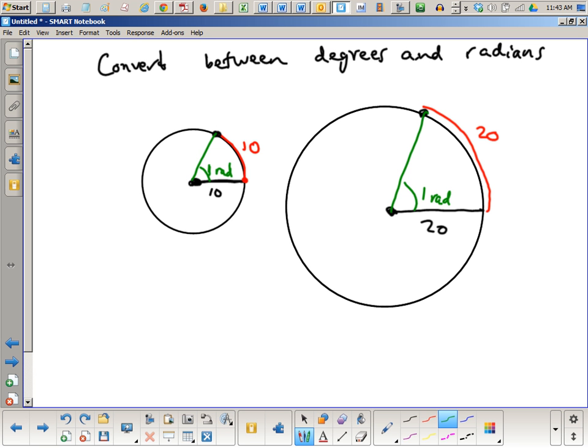Okay, so it turns out we can figure out exactly how many radians there are in a circle by using a direct proportion. If traveling a distance of 10 along the edge of the circle produces 1 radian central angle, then by direct proportion, what would happen if I went all the way around the circle? 2 pi r.